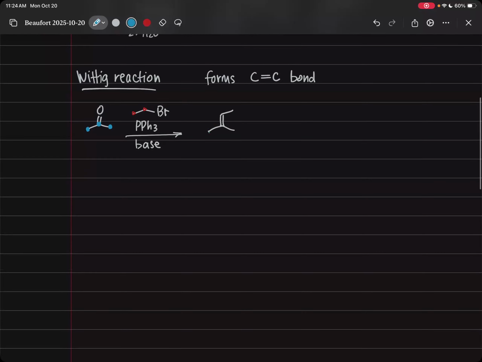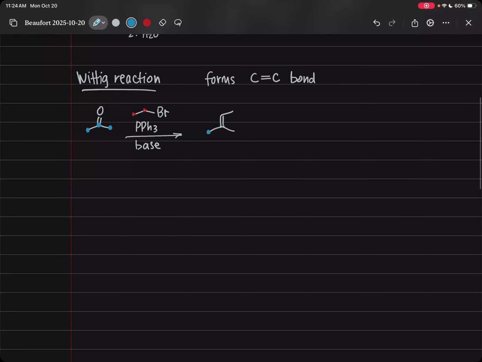So in the product, those are the 3 carbon atoms from the ketone. And there's the 2 from the alkyl halide.